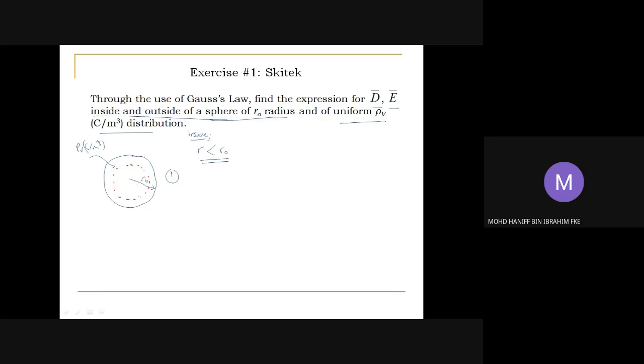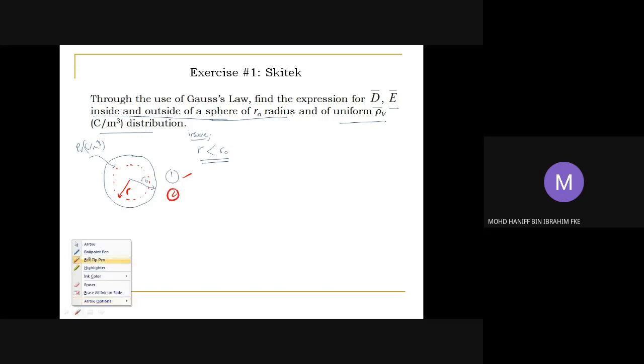The red colored surface here is your Gaussian surface, having the radius of r. Any radius inside this sphere is r, because r is a variable. You have to notice this. That's the first step. You have done it. Very good.